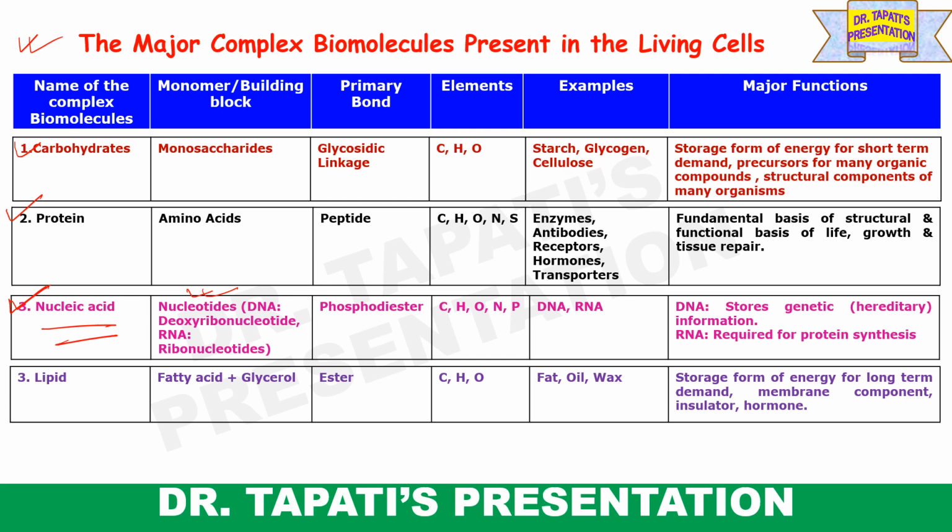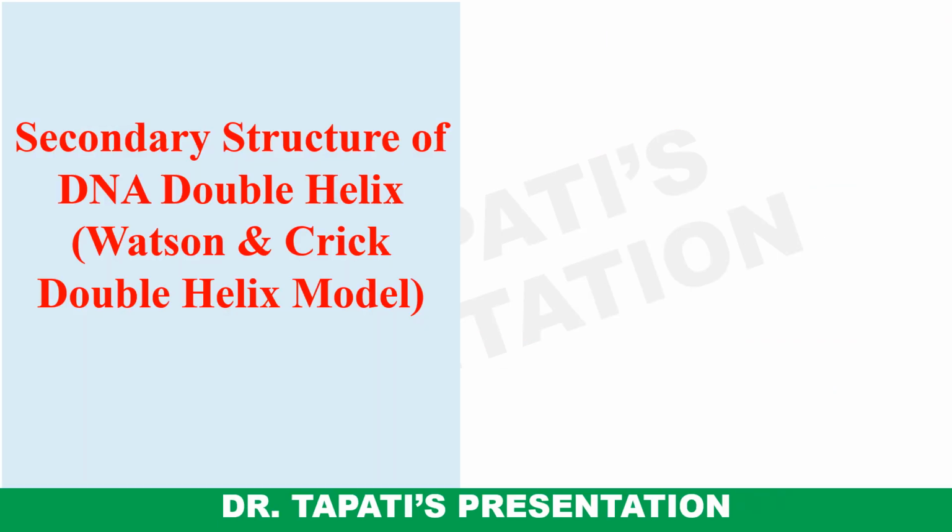The primary bond present between two nucleotides is the phosphodiester bond, and the major elements present in nucleic acid are carbon, hydrogen, oxygen, nitrogen and phosphorus. Examples are DNA and RNA. DNA's function is to store genetic information, and RNA is required for protein synthesis.